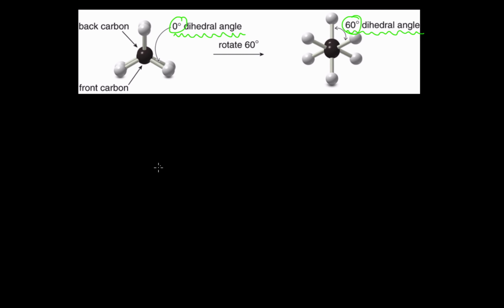Now, how can we draw this if we were to draw it on paper? Newman, who is a scientist, came up with a way of drawing eclipsed and staggered conformations. So now we will talk about the Newman projection. It's called a projection because it's like projecting a 3D structure onto a 2D plane.